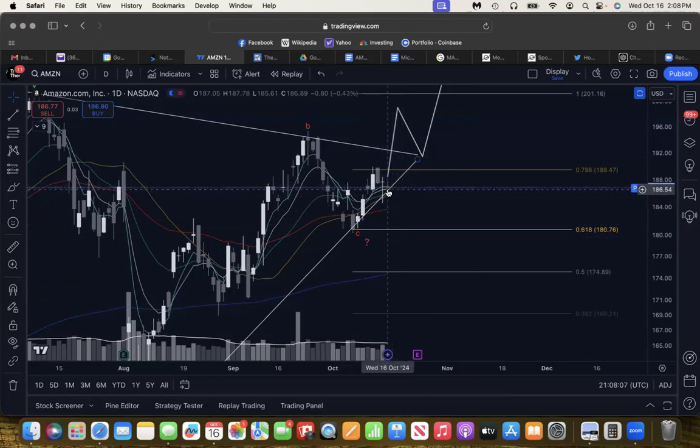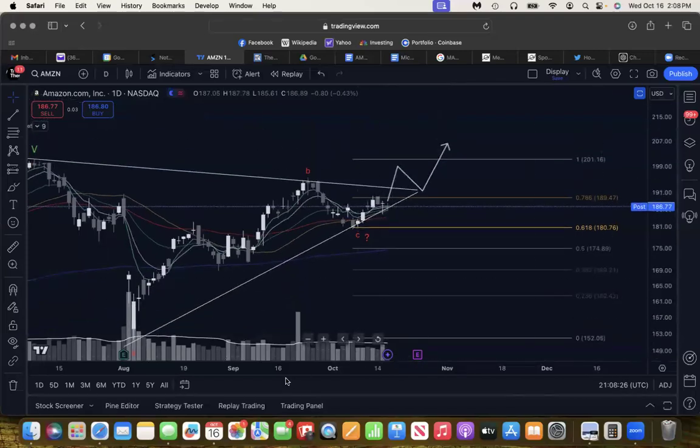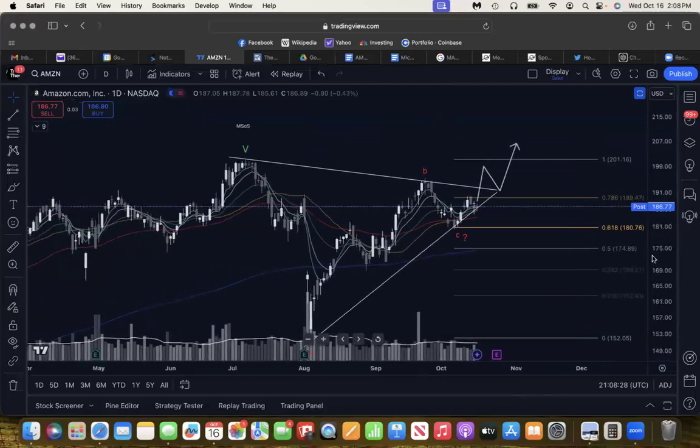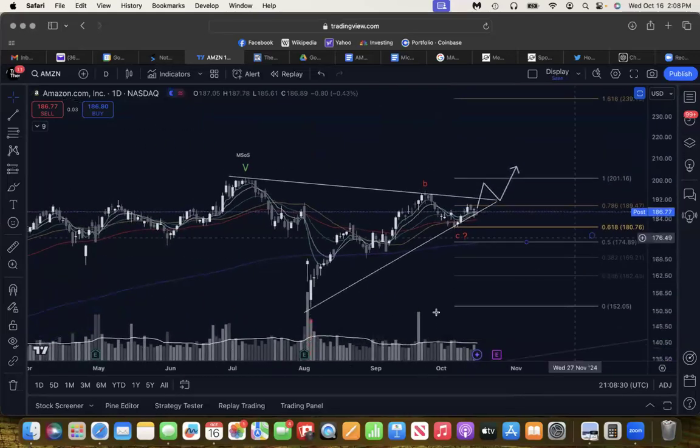Generally, this is a standoff between buyers and sellers. You see that sellers were able to push the price down, but they were not able to maintain these levels. Buyers did step back in and retake these moving averages. It's currently holding that. These are subtle signs that demand greater than supply conditions are taking hold.